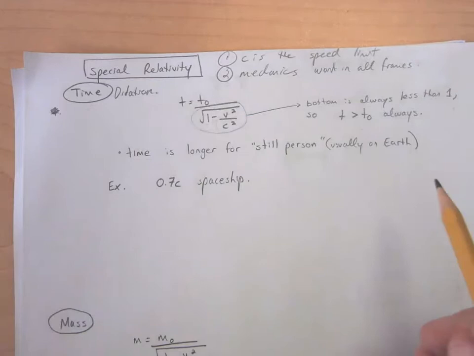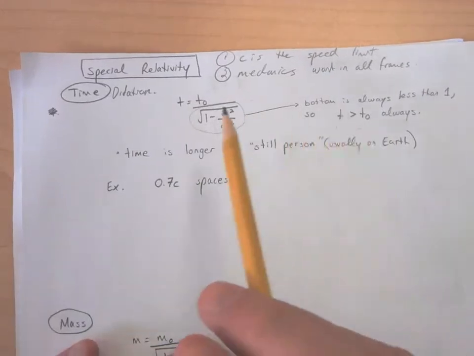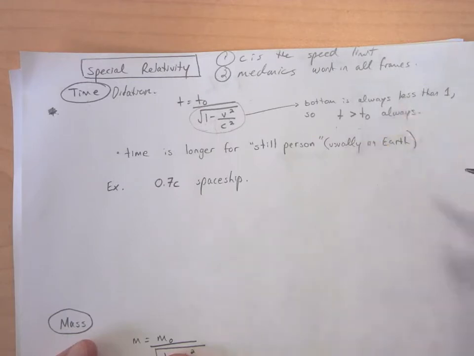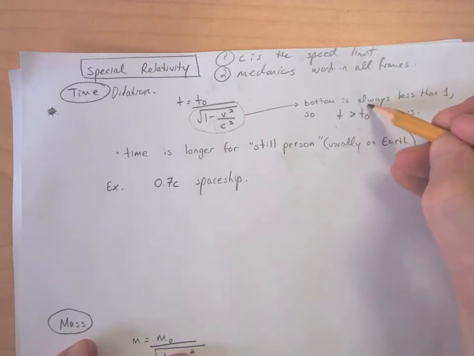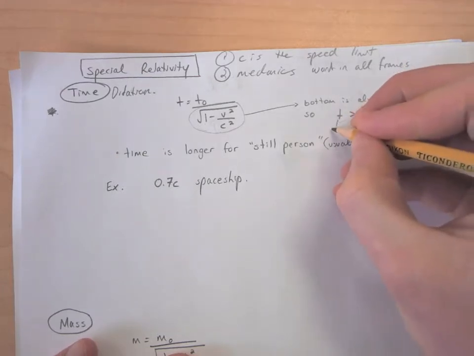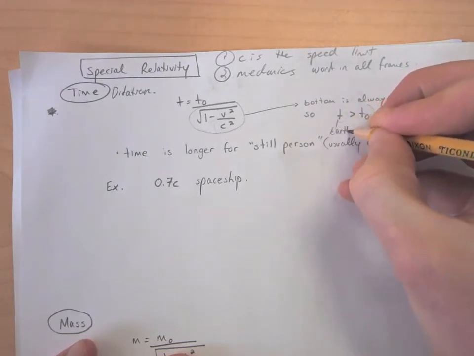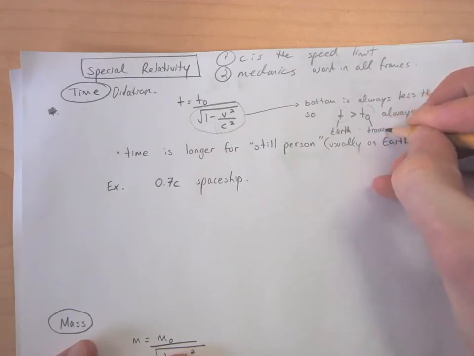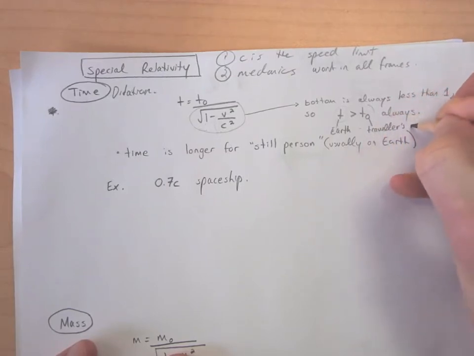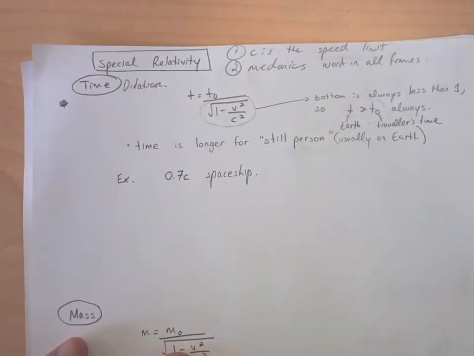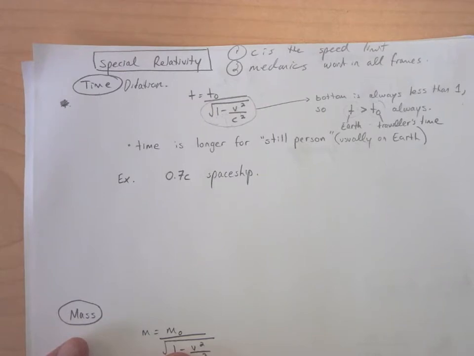So since t is bigger than t naught, the time this person felt is less than the time this person felt. So this one is usually the Earth person, and this one's usually the traveler time. Okay, so t naught is the proper time, or it means the time that the traveler feels.